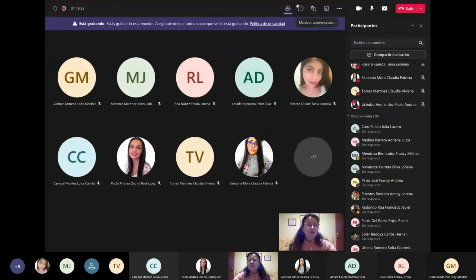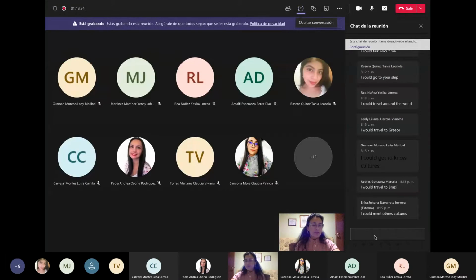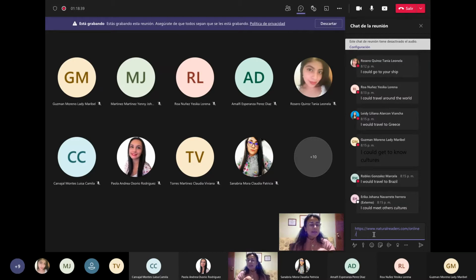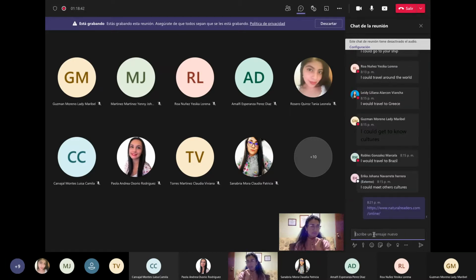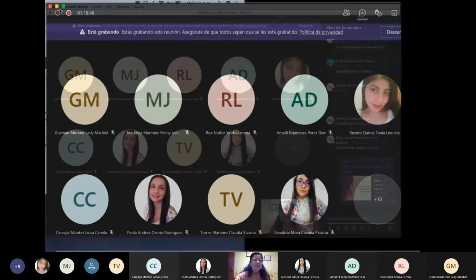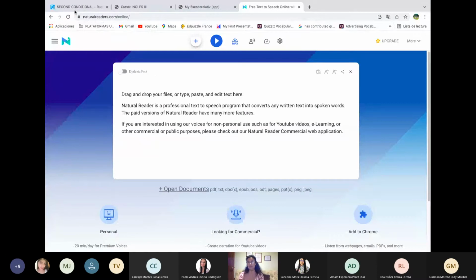Y como hay una dificultad que tenemos y un temor que es la pronunciación y el poder apropiarse del contenido, entonces se ayuden de ella. Ahí se las copié en el chat. naturalreaders.com. And this application is going to help you with the pronunciation.